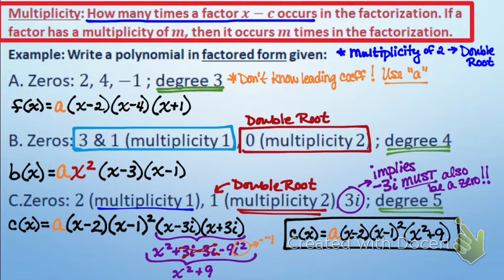I want to keep rolling with this big idea, but instead of leaving it in factored form, we're going to take it the next step and put it into standard form. How would I take something from its factored form and change it into standard form? Multiply it all out. And that's what we're going to do next.